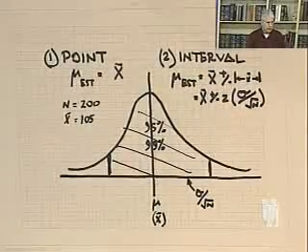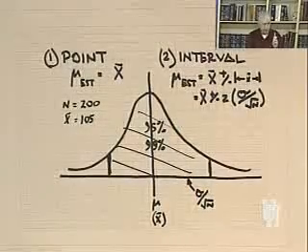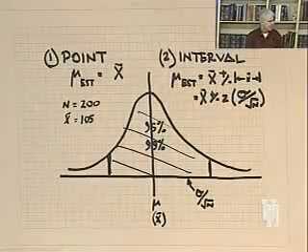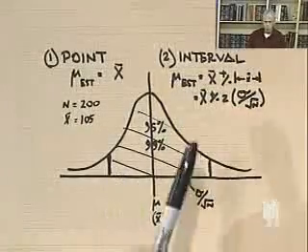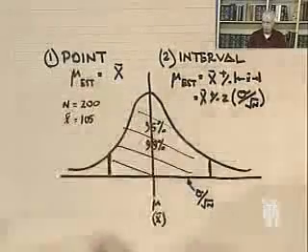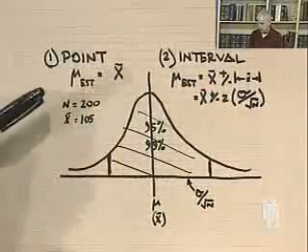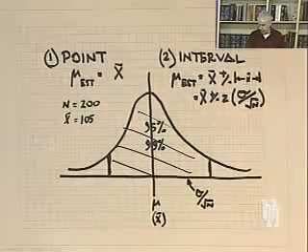And trying not to sound like John Travolta in Pulp Fiction, yet another way of saying that is that it will include 95% of all possible sample means drawn from this particular population with sample size set to 200.